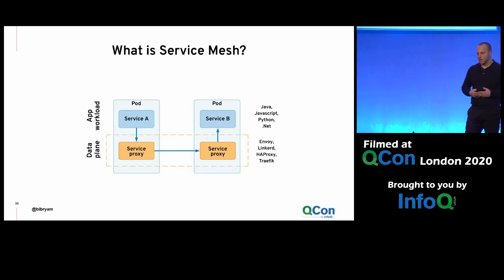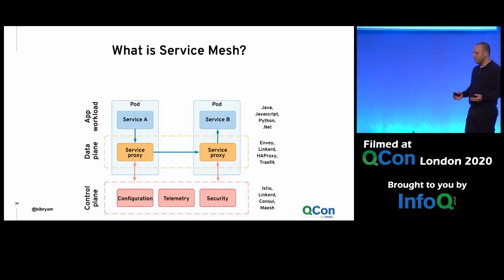The collection of these service proxies represents your data plane. Now, these proxies are small and stateless, and in order to get all the state and configuration, they rely on the control plane. The control plane is the stateful part that keeps all the configurations. It gathers metrics, makes decisions, and interacts with the data plane.